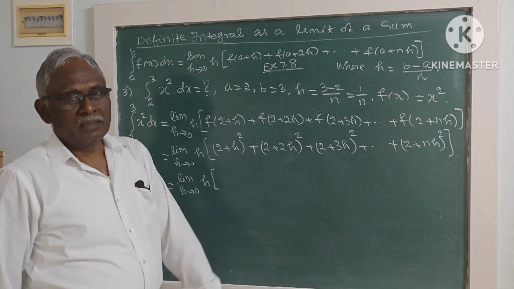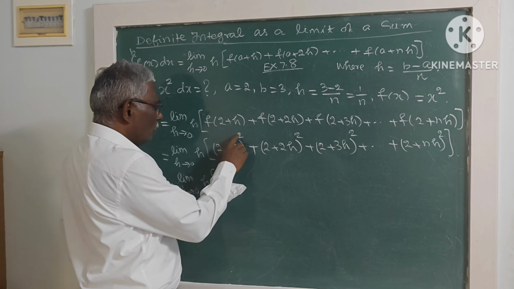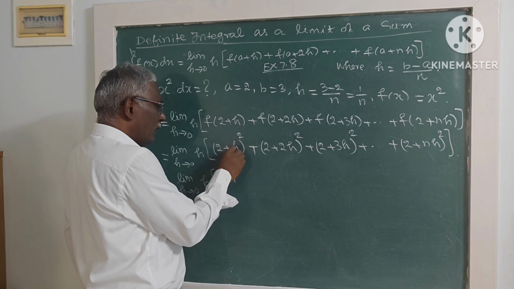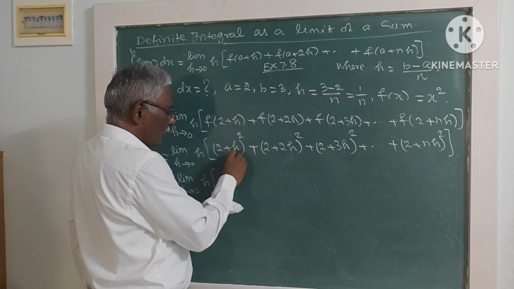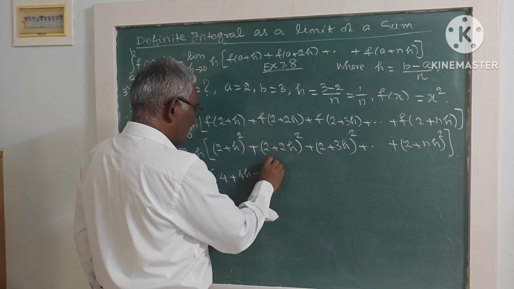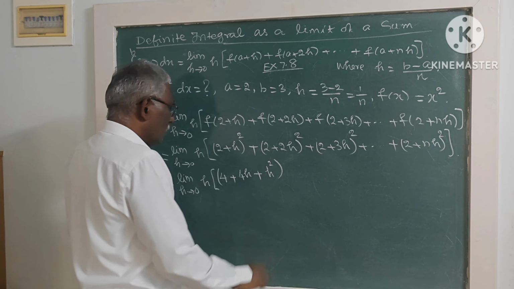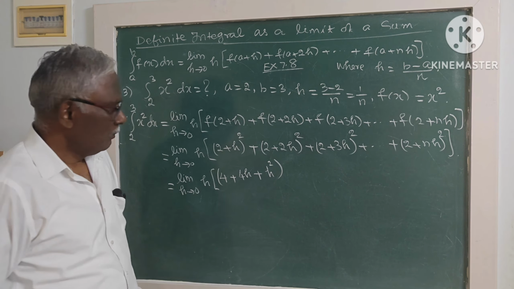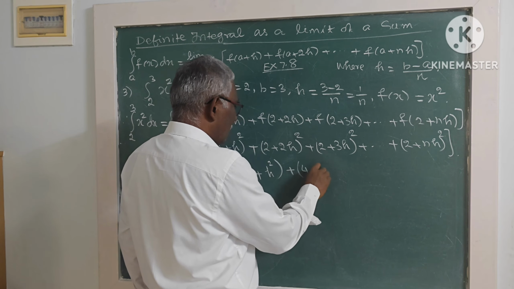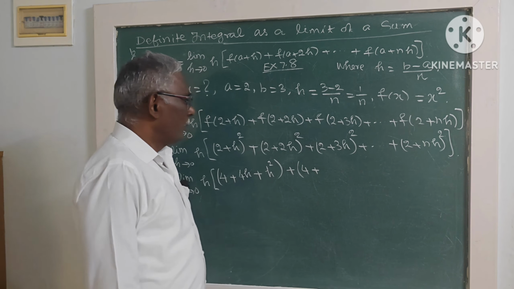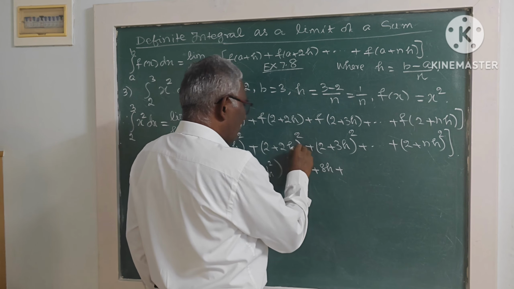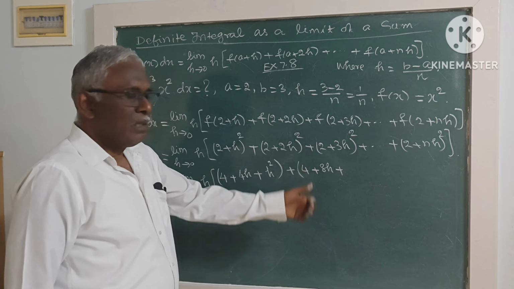We will expand this. So 2 square is 4, plus 2ab is 4h, plus h square. This is the expansion of the first term. Plus 4, 2ab is 8h, plus (2h) whole square.